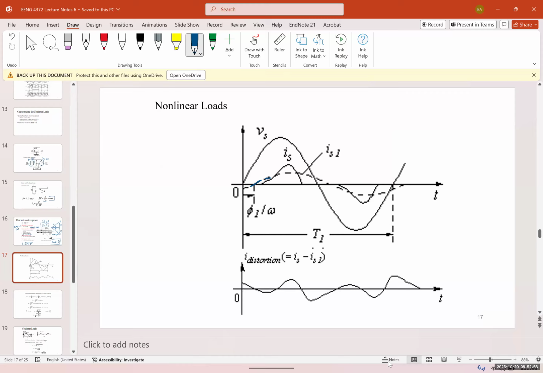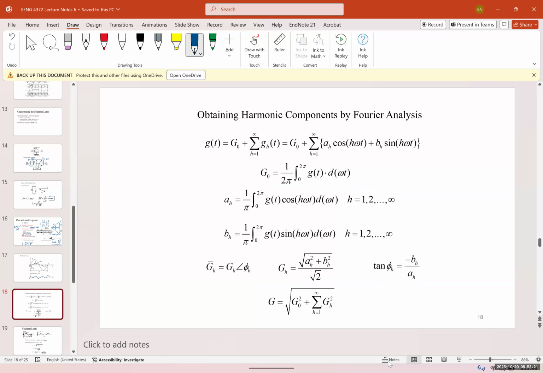So the input current looks like this, with the diode or the thyristor switching on and off, and you're going to have a distortion which looks like this. It's not a DC, it's not an AC, and you don't know the frequency. It's very difficult to predict and very difficult to model, and nonlinear systems create problems.